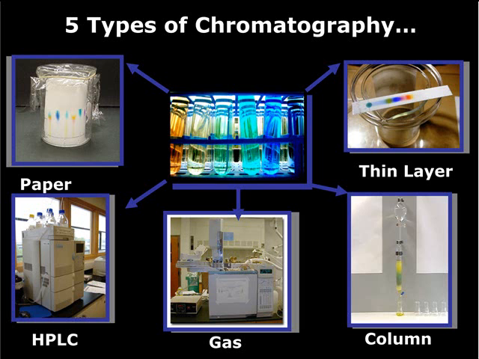Chromatography applications for the matching of ink types includes HPLC, or high-performance liquid chromatography, which is usually done at a lab, TLC, or thin layer chromatography, and paper chromatography, which we will perform today.